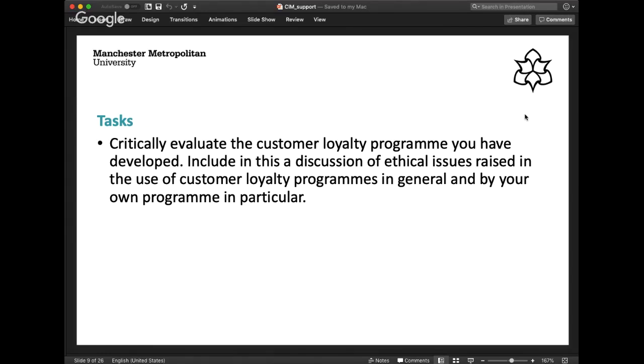What I would advise you to do is look at the marking criteria, because it does give you some really key things. It gives you an introduction, the CRM problem, the explanation of the loyalty program, the structure and referencing, and the evaluation of your customer loyalty program. So it gives you a template of what value we are giving to each of these sections.